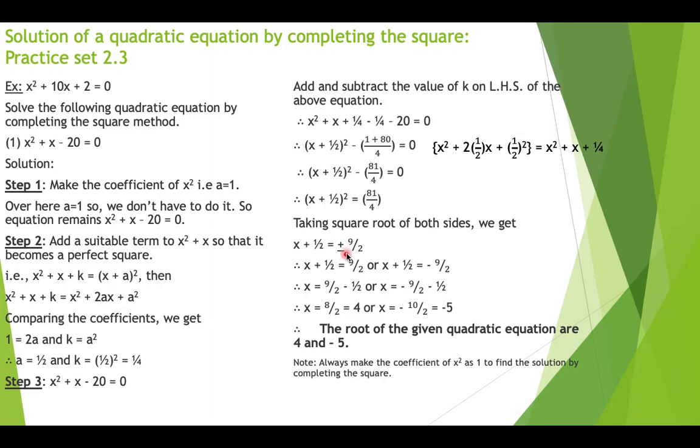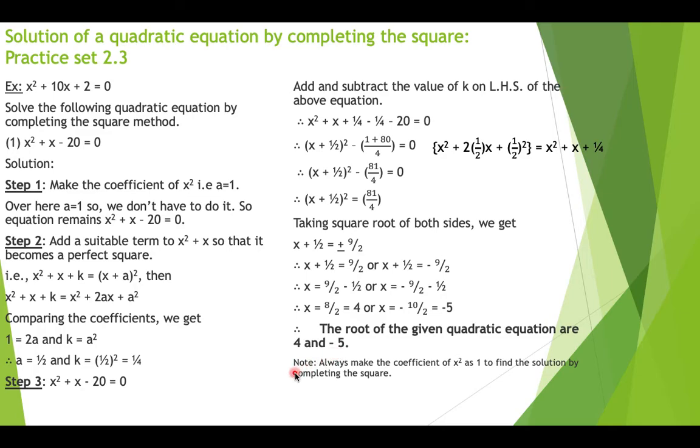Therefore x is equal to 9 by 2 minus half, or minus 9 by 2 minus half. Solving this, we get x is equal to 8 by 2, which is 4, and x is equal to minus 10 by 2, which is minus 5. Therefore the roots of the given quadratic equation are 4 and minus 5.